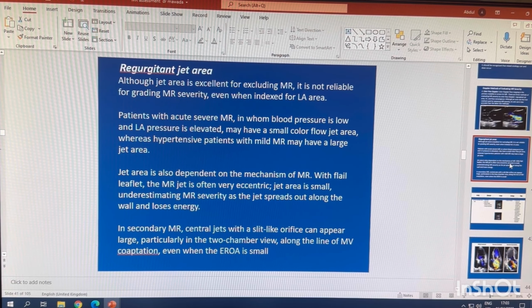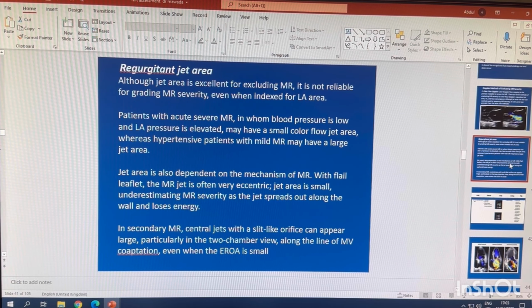But again, these velocities can be affected by a lot of other things, which I will explain later on. And if there is impaired relaxation, like E to A reversal, it excludes severe mitral regurgitation. So if you have a patient with severe mitral regurgitation and you are seeing impaired relaxation, it means there is something wrong.